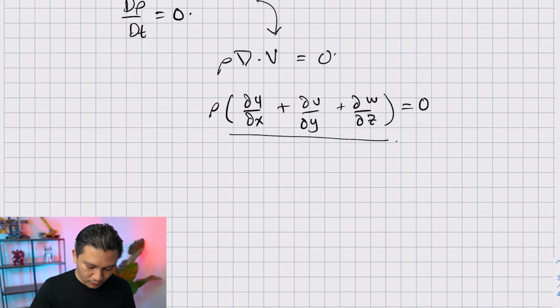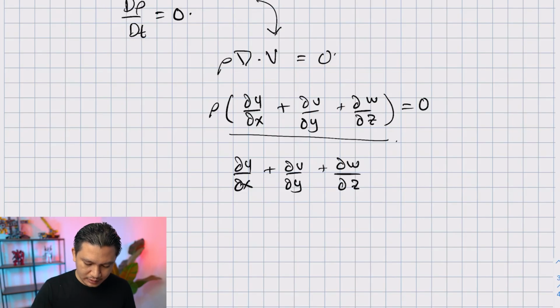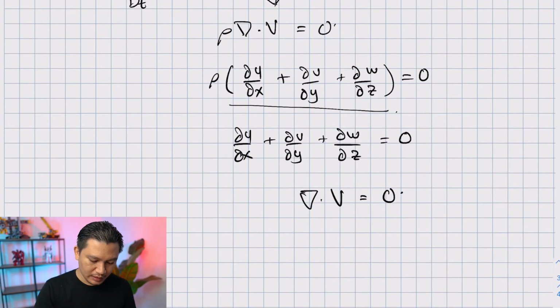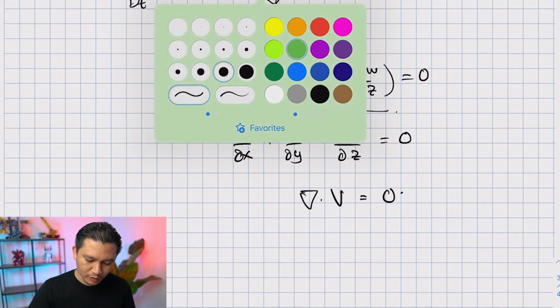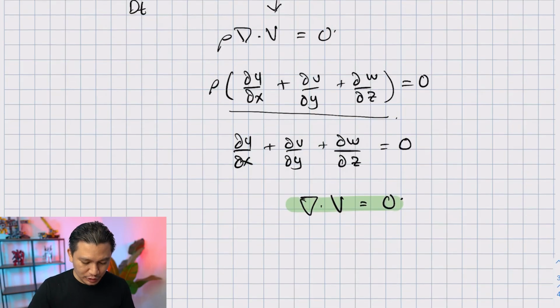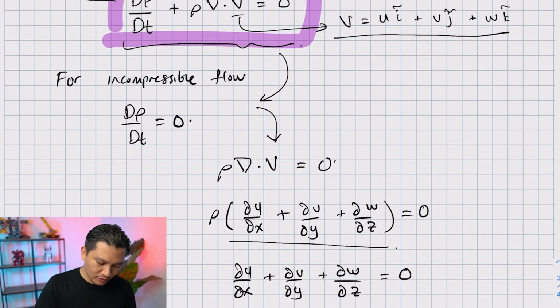So, the summation of del u over del x plus del v over del y plus del w over del z is equal to 0. And we can simplify it by writing del dot v equal to 0. And this will be the final form of your differential continuity equation when you assume that the flow is incompressible.